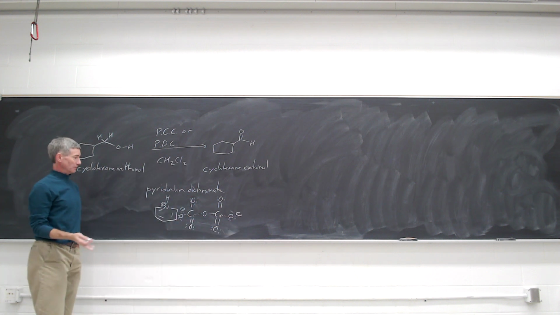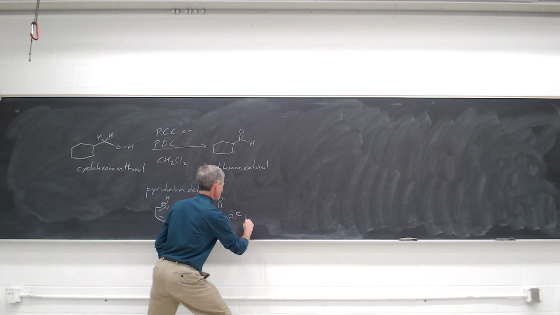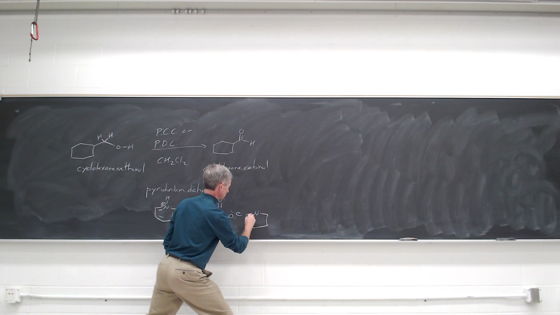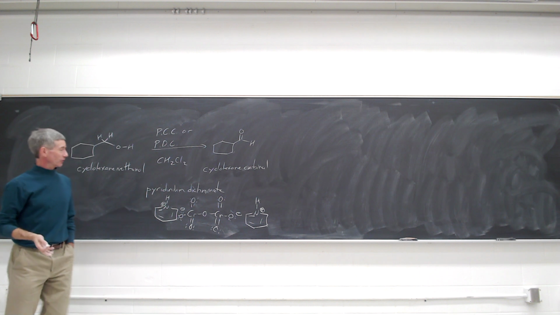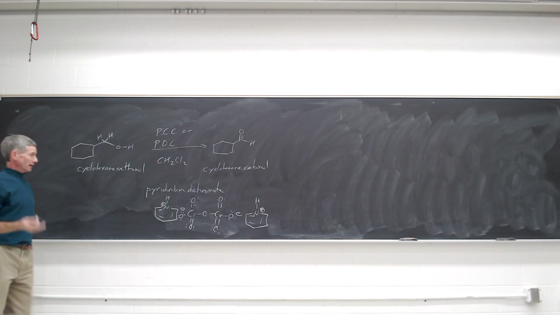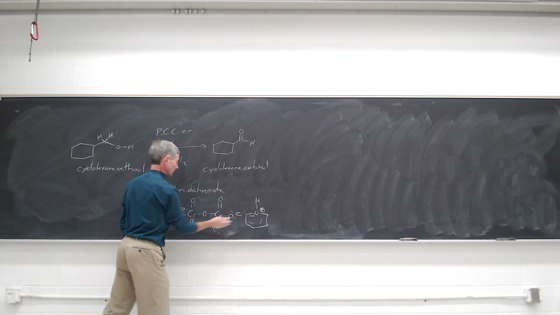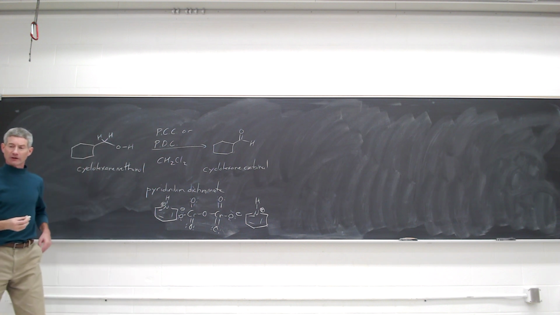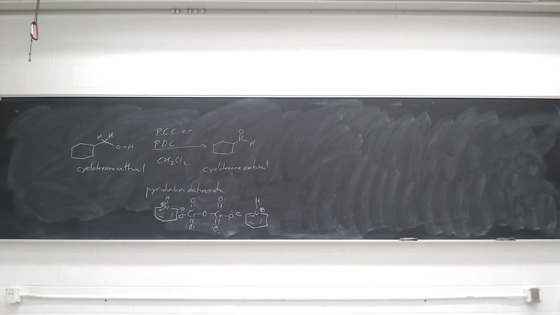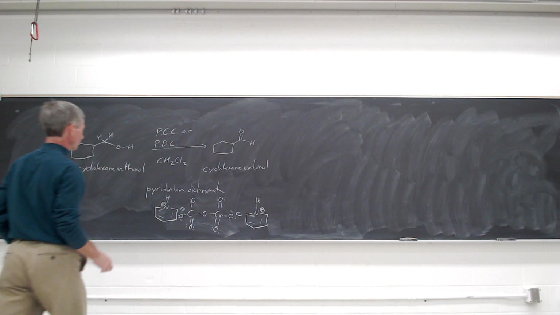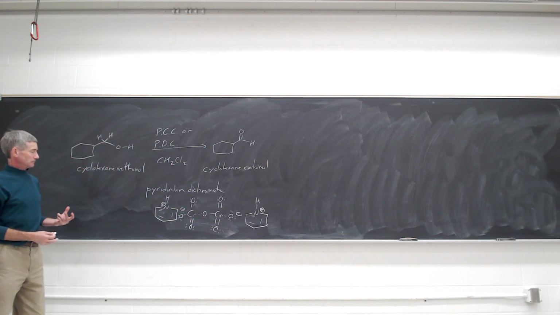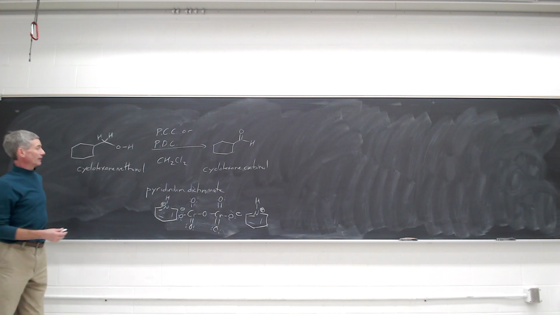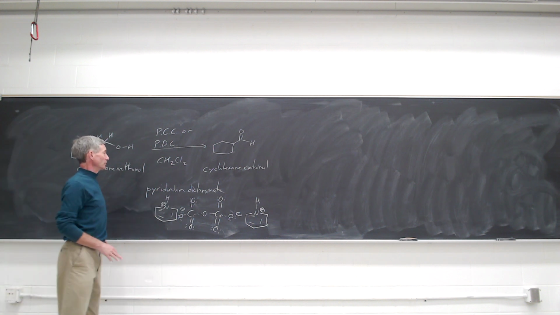Dichromate ion is still Cr2O7. That allows us to do this under non-aqueous conditions. And because the pyridinium ion is mildly acidic and the dichromate ion is effectively non-basic, because dichromic acid is a strong acid, this is under relatively neutral conditions.